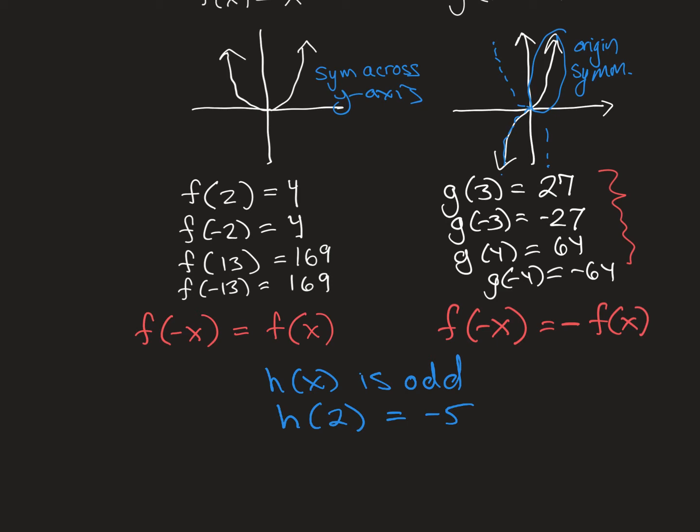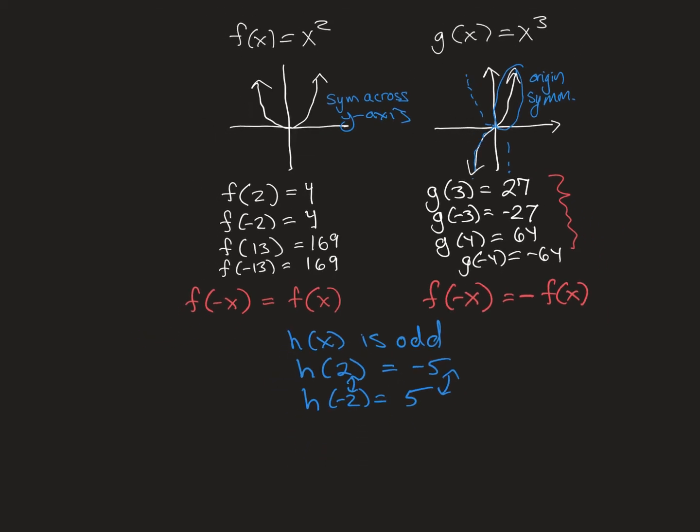And you do. Because it's odd, you know that h of negative 2 won't be negative 5. It'll be opposite in sign to that. It will be 5. So don't assume that positive x values go to positive y values. It doesn't mean that. It means if these are opposite in sign, so are their y values, if it's an odd function. If it's even, the y values should be the same.